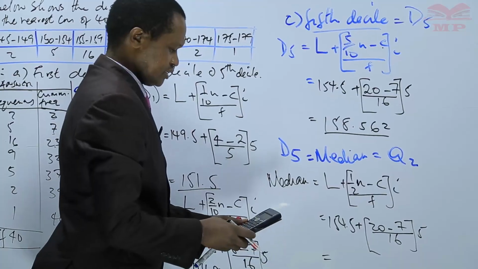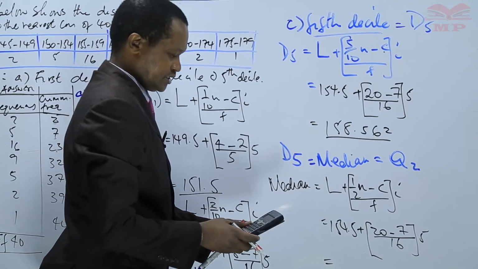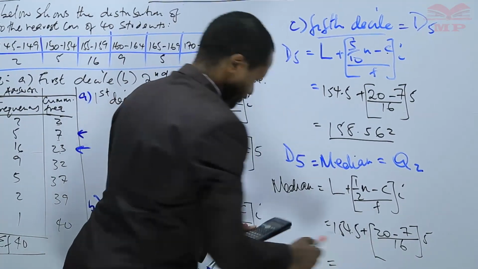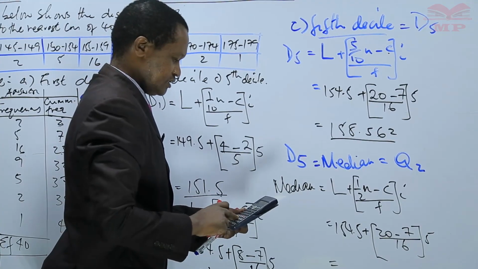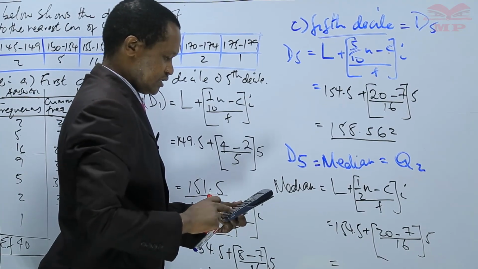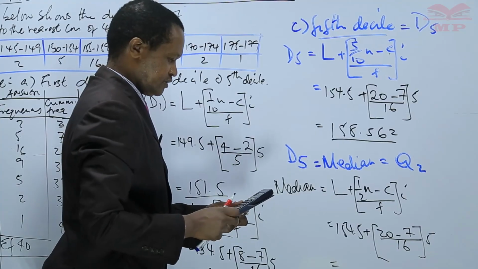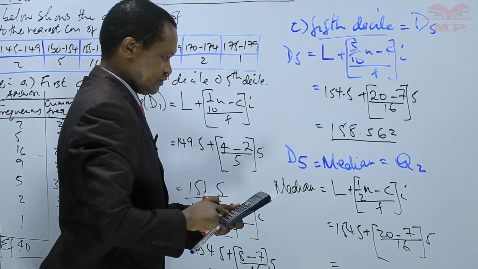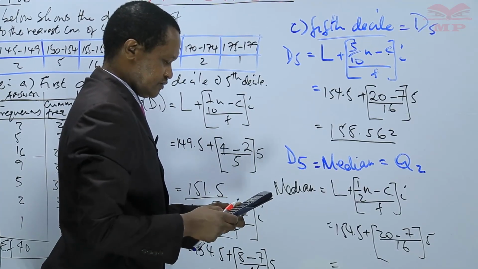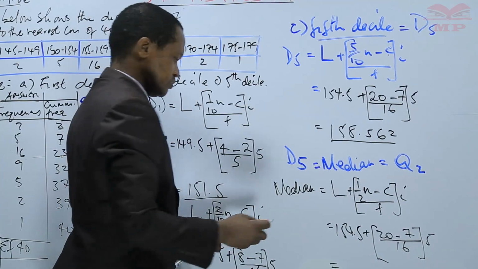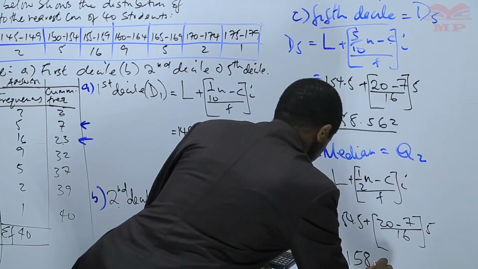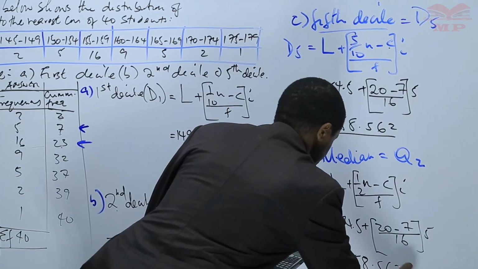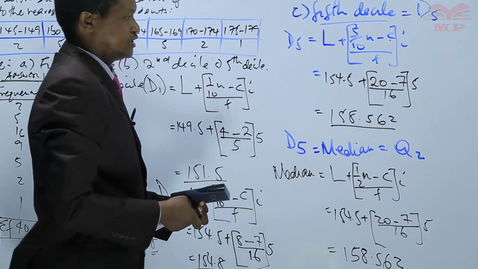So you have 20 minus 7 divided by 16 times 5 plus 154.5, which is equal to 158.562.